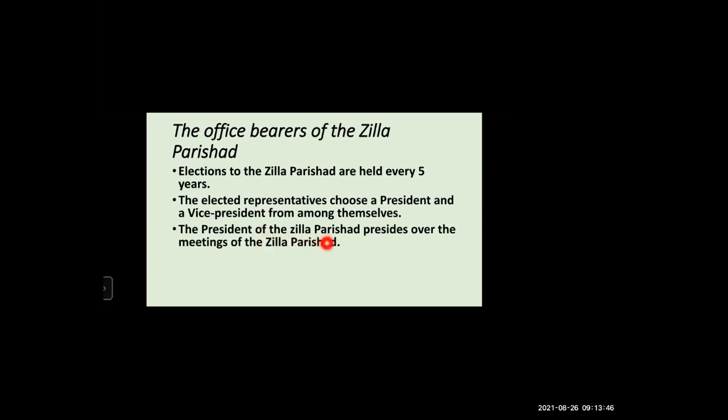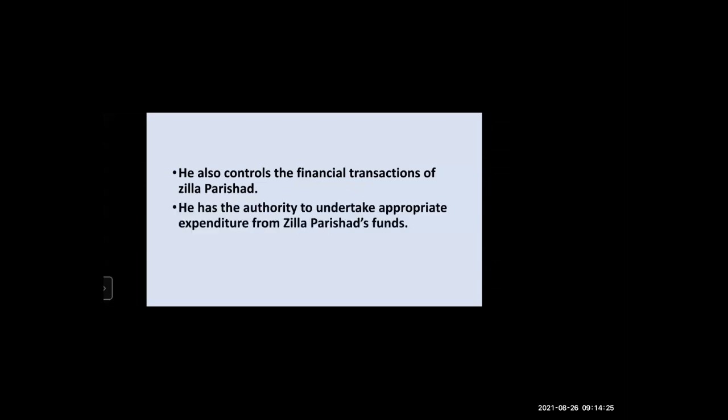The president of the Zilla Parishad presides over the meetings of the Zilla Parishad. Here, the president is the head. He has the whole authority. He controls the business conducted during the meetings. He also controls the financial transactions of Zilla Parishad, whatever is related to the accounts, money transactions, that is under the president. He has to look after it.